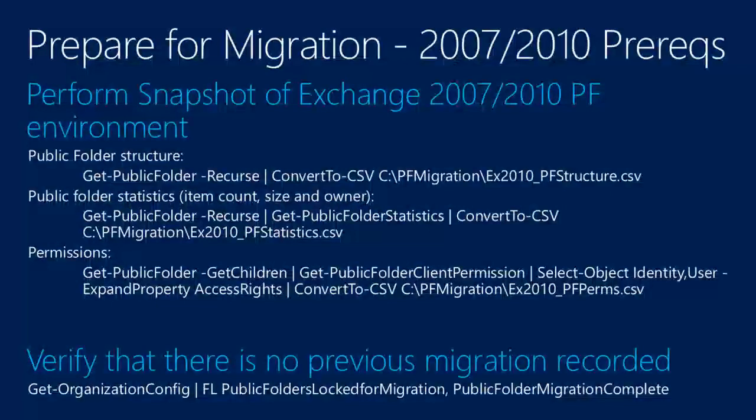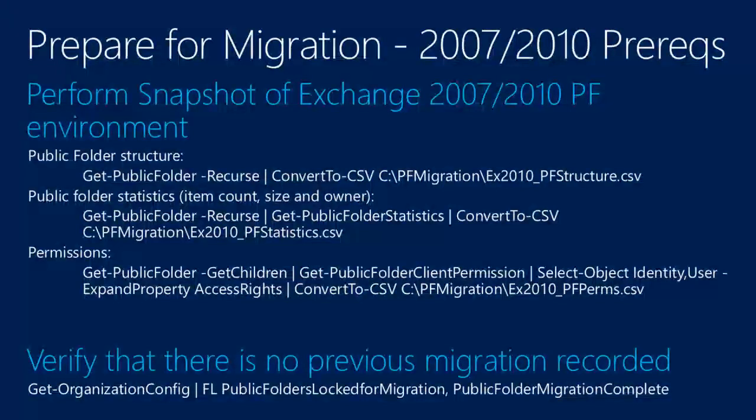So what do we need from the 2007 and 2010 side? First off, if you have 2013 already installed in your environment and you have your users migrated, I'm assuming you've already met the prerequisites for service packs and CUs, so I won't get into that. But what we want to do is take a snapshot of what the environment looks like.